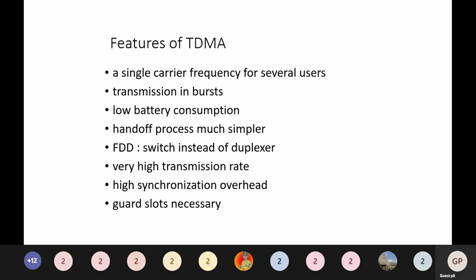So synchronization, as you know, is proper synchronization between transmitter and receiver.